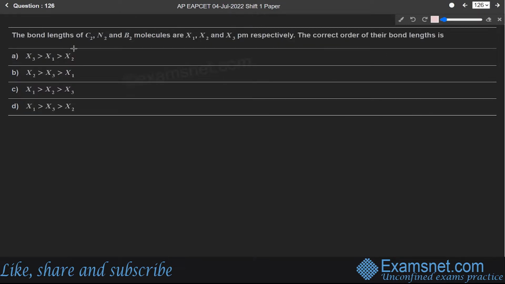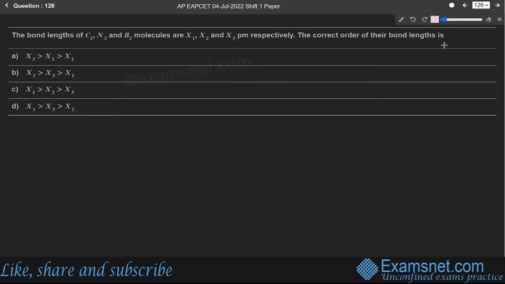The bond length of C2, N2, B2 molecules is X1, X2, X3 picometer respectively. The correct order of their bond length is, okay, not a surprise. This is again of chemical bonding, and this is one of the very important questions. Every question I am saying right now has very high probability of repeating.